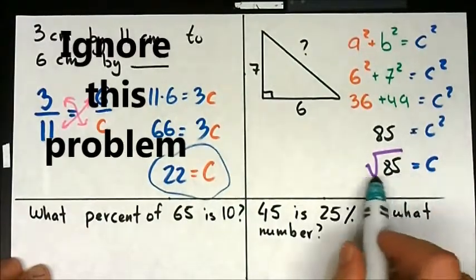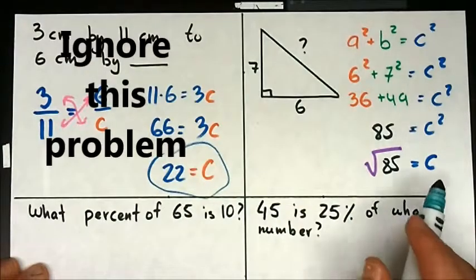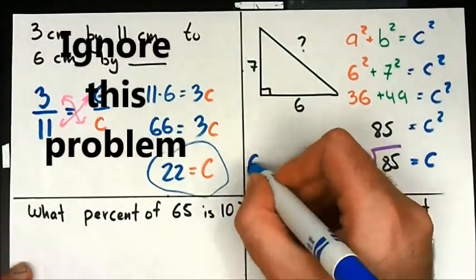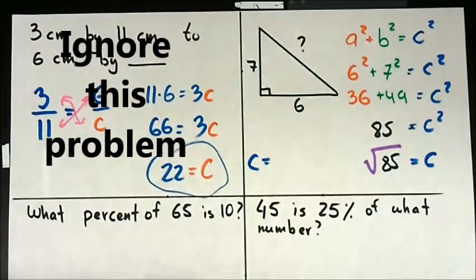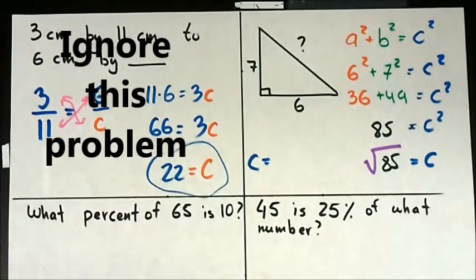Now, what are the two perfect squares that 85 is in between? 64 and 81. The root of 64 is 8. The root of 81 is 9. So if 85 is between 64 and 81, the root of 85 is going to be between those two, which is 8.5.